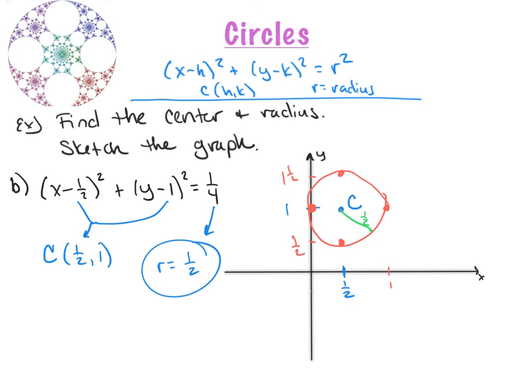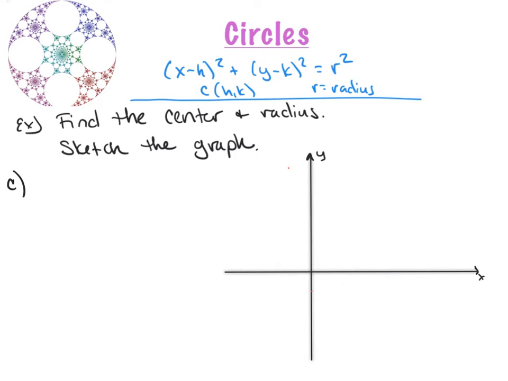Cool. Okay, let's make these a little bit harder. Let's sketch the circle given by x squared minus 4x plus y squared plus 6y equals 87. Crud. These are in the form that doesn't have the parentheses in them, so I can't just look and easily see what the center is.